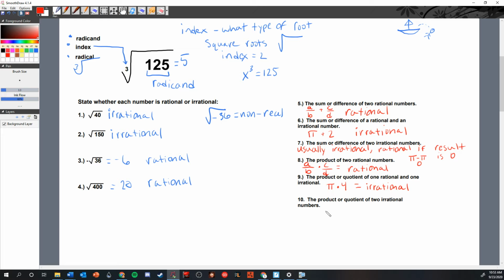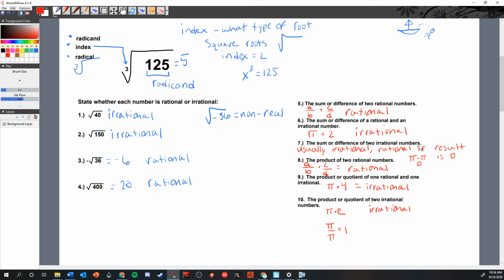Okay. What about the product or quotient of two irrational numbers? Pi times e, those are two irrational numbers. Do they multiply to an irrational? I think they do. However, what if we had pi divided by itself, one irrational divided by another? That comes out to 1, which is a rational number.